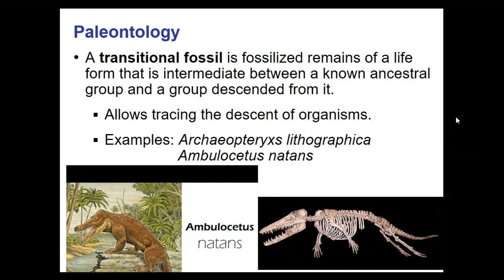So if we have fossils of dinosaurs, and we have fossils of early birds, but what if we then find a fossil of something that's in between a dinosaur and a bird? That would be a transitional fossil. So the more of these transitional fossils we find, the more complete a history of life we have.